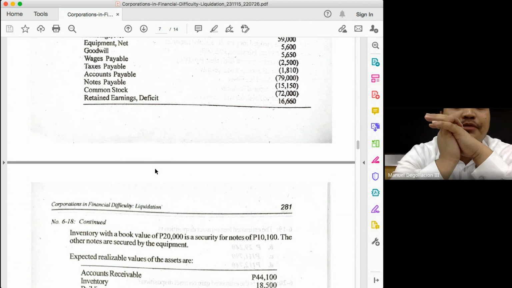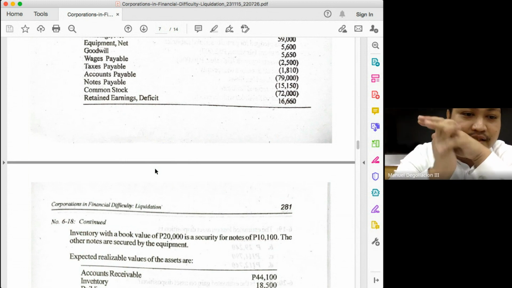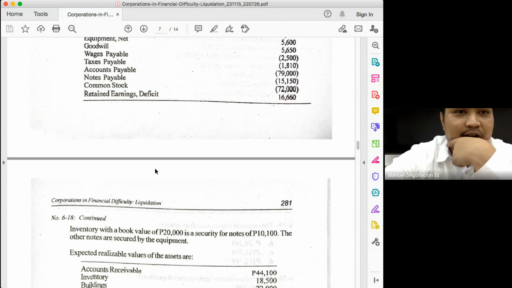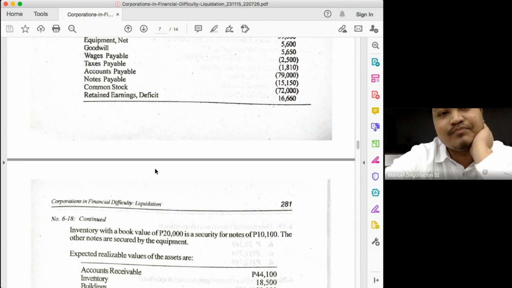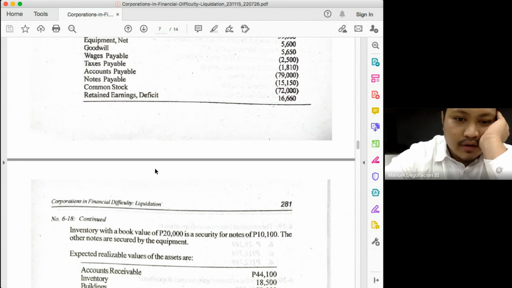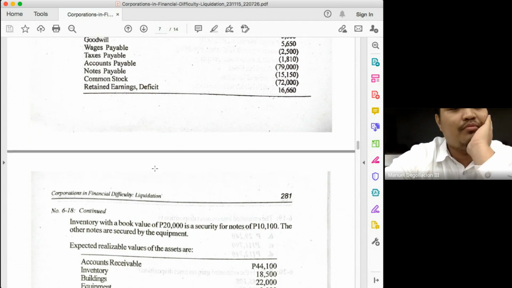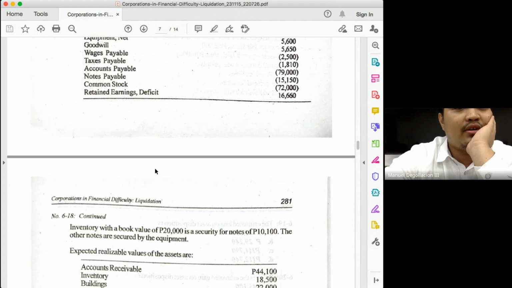How about your accounts payable? Unsecured without priority, or does the problem tell us whether or not this is secured? No. So your accounts payable would be unsecured without priority. Okay, and then the notes payable, class, would be secured, correct?